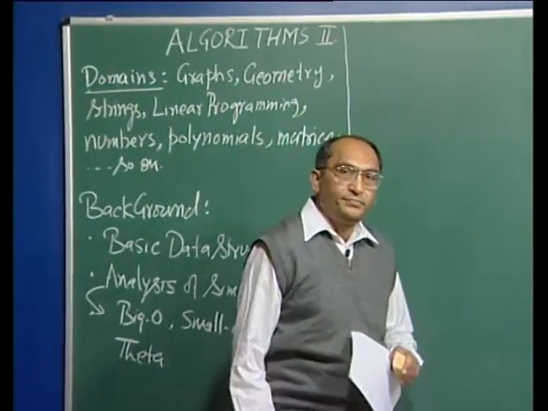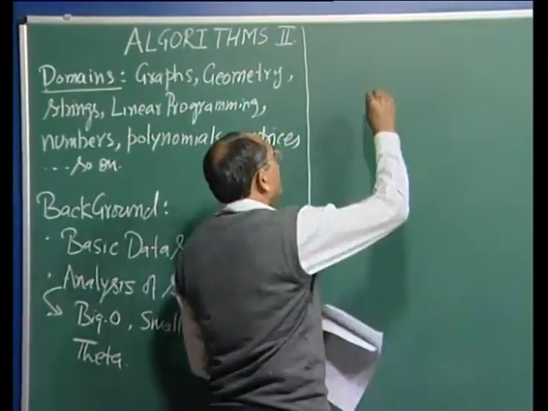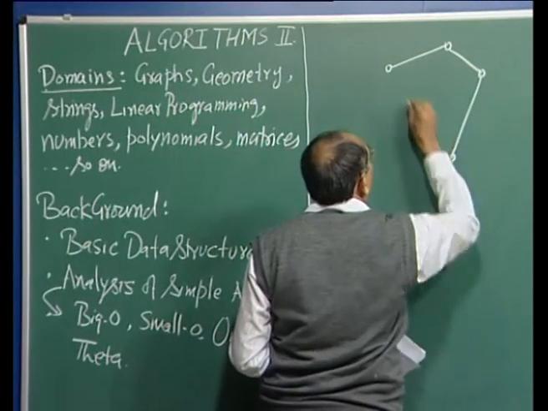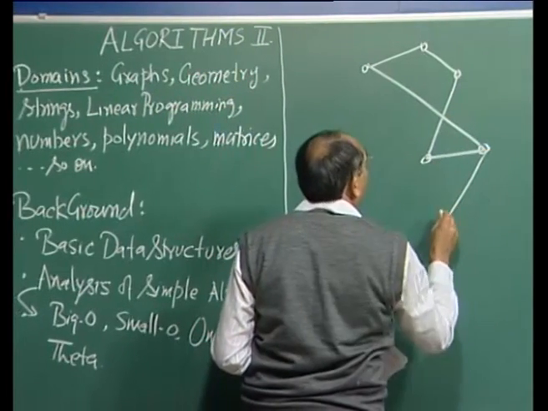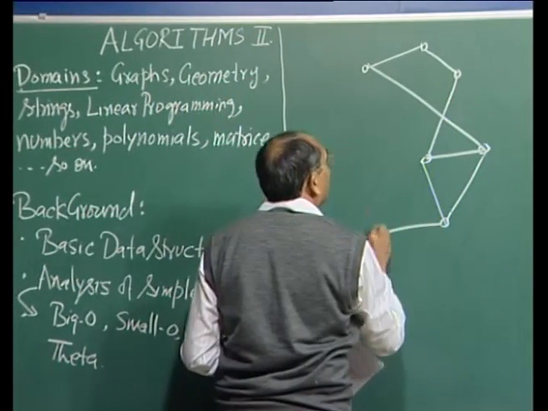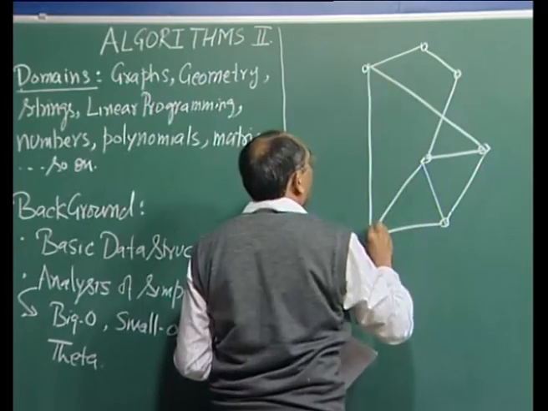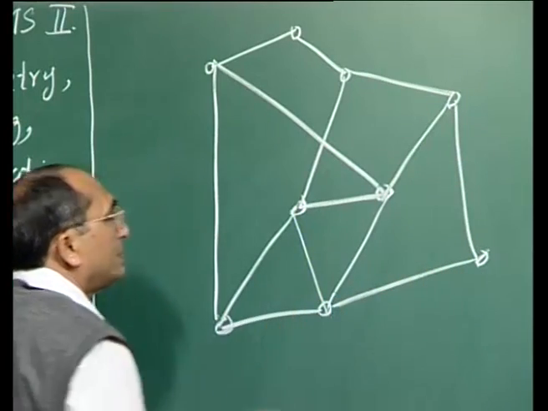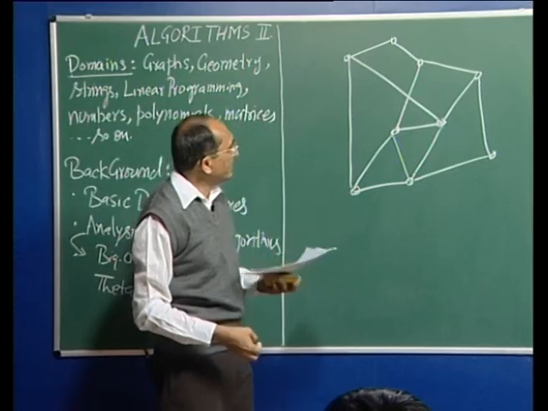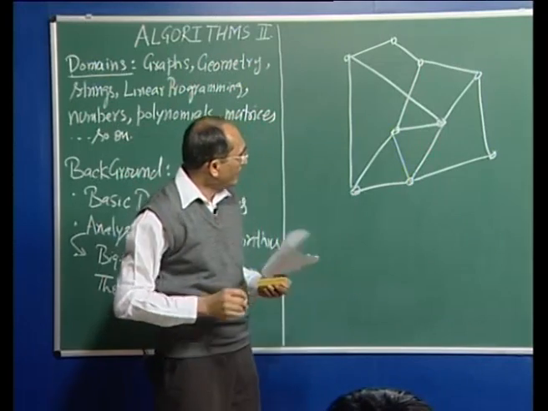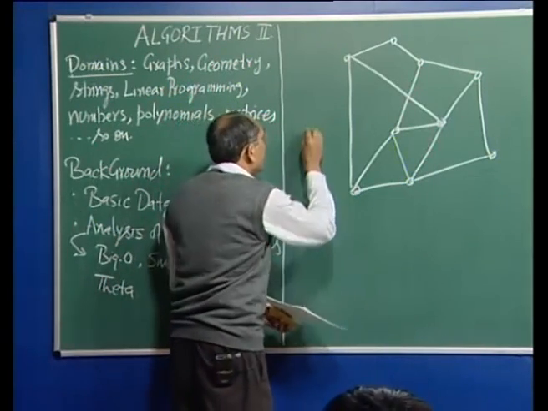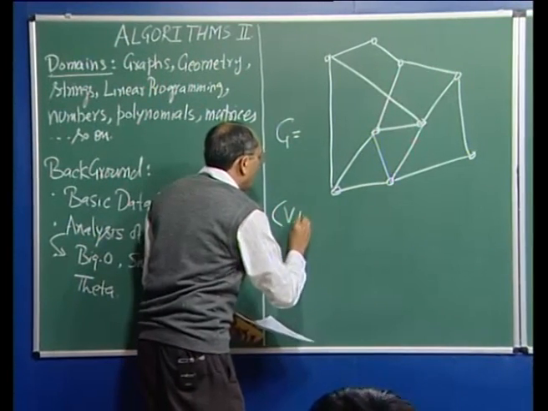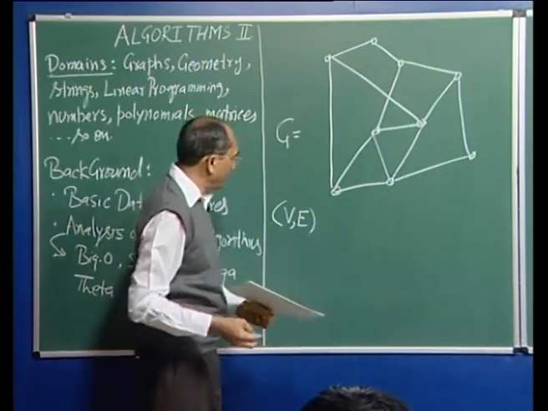So, a graph looks like a structure such as this. This is a representation of a graph. It has two parts. So, formally we say a graph is a tuple of two entities.